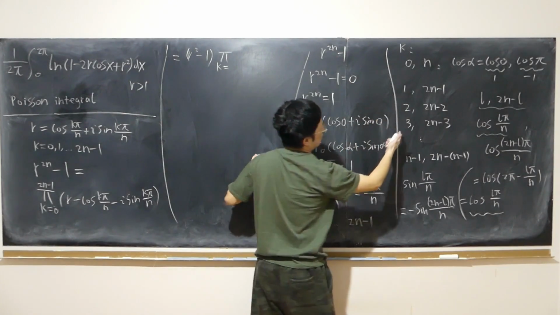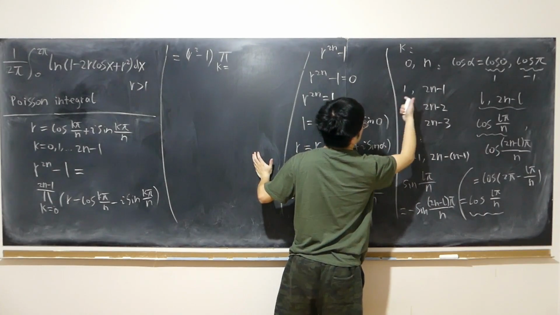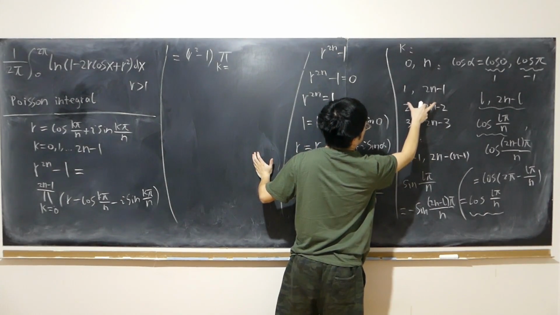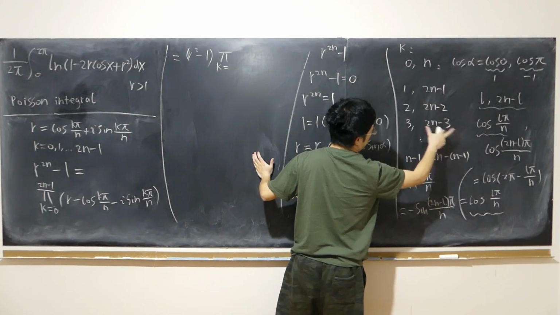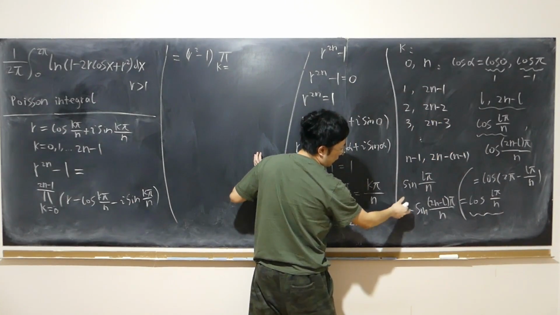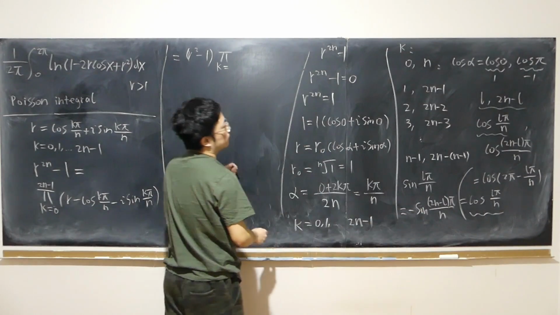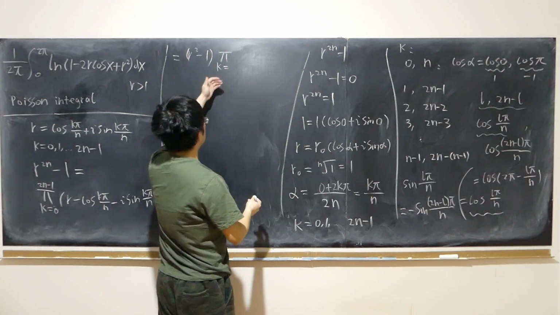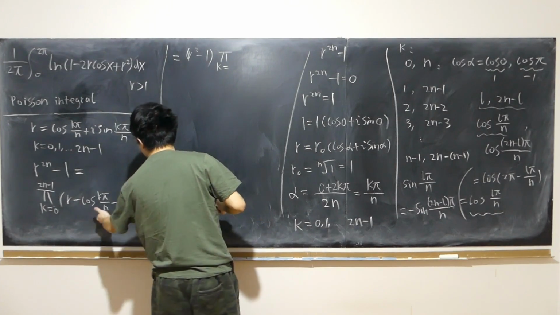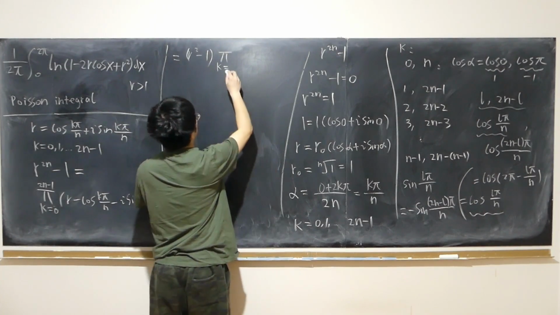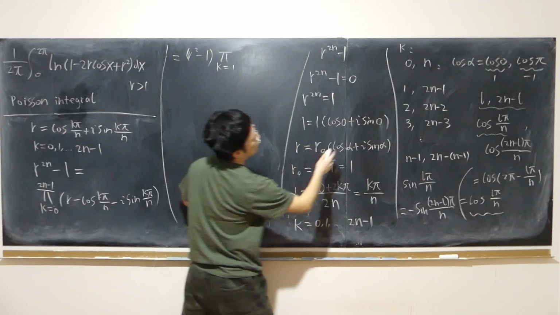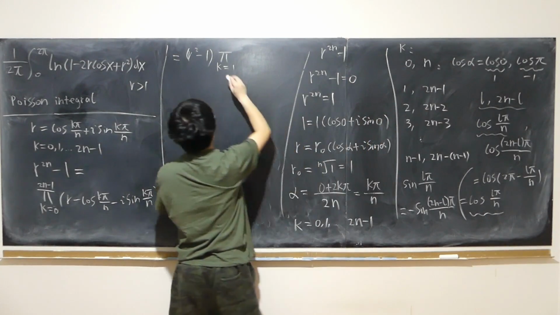But this can be written as, because remember, these are all symmetric for cosine, and for sine they happen to be of opposite sign. So instead of going from 1 all the way up to 2n minus 1, I just need to go from 1 up to n minus 1.